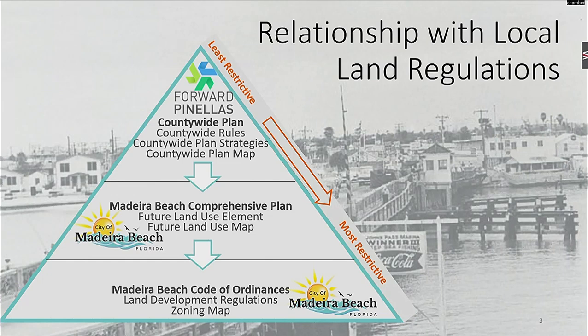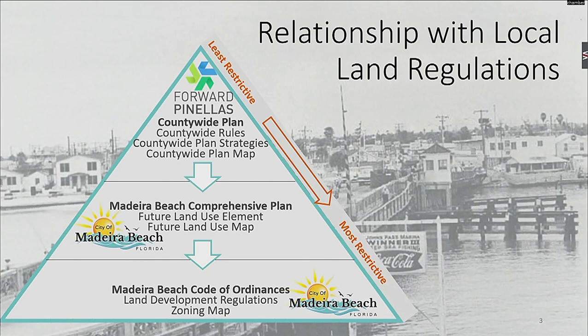Through that, with each land category, it's pretty broad and basic: intensity, density, uses, and ISRs. And then locally, we have two different plans. We have the comprehensive plan, and we have the code of ordinances. All three of these things have to be consistent throughout all plans.